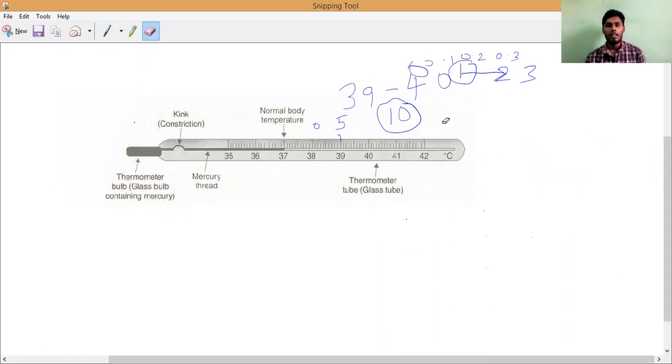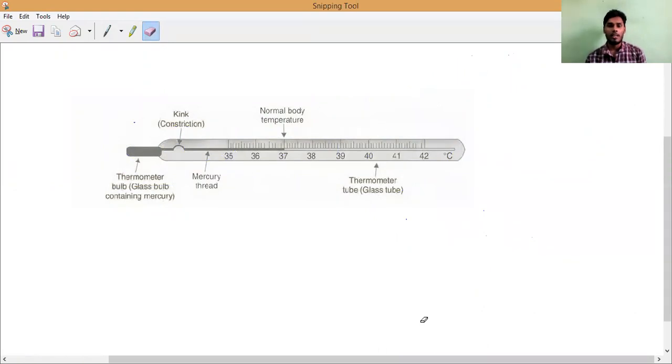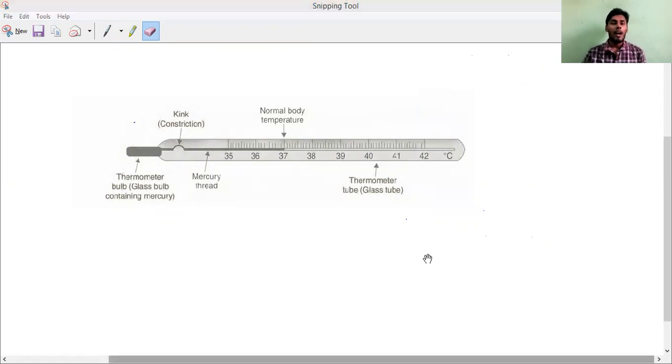So now let us discuss why it is present and why it is called a special feature. A nick is there to prevent the backflow of mercury into the thermometer. It will prevent the what? The backflow of mercury.